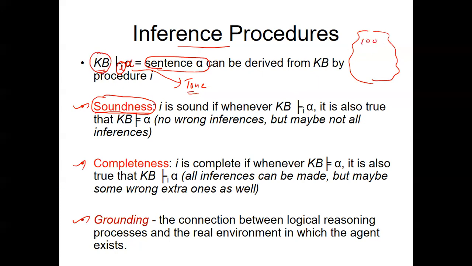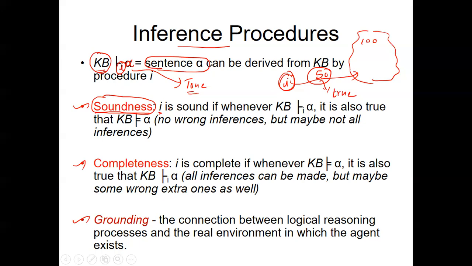But assume there is an inference algorithm I which is able to derive 50 sentences from this KB, and all those 50 are true, they are correct. In that case, we call this inference algorithm sound. It has not derived all the sentences, but whatever it derives is true. This is how soundness is defined.